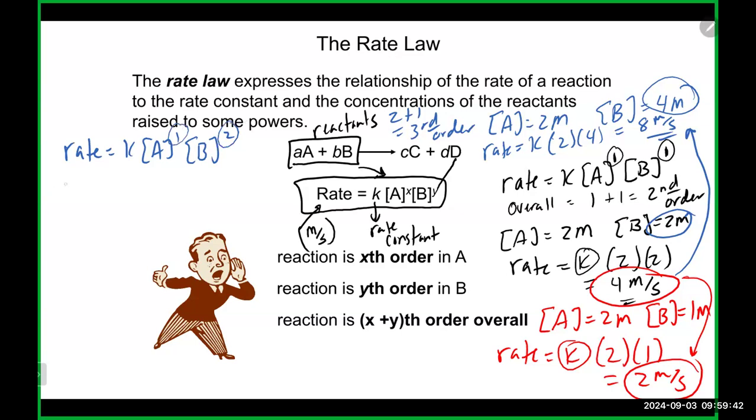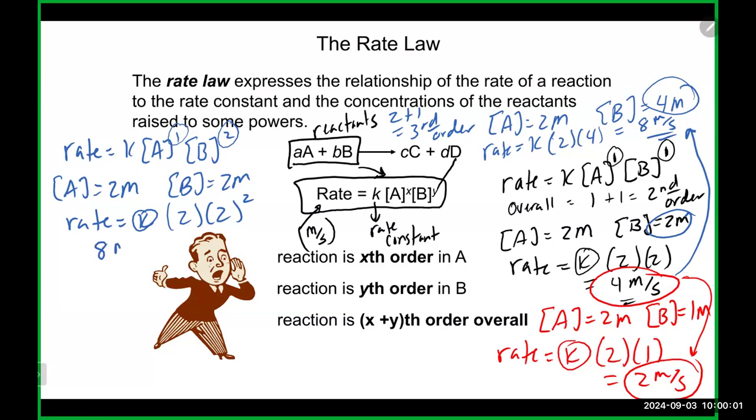So now let's see what happens with our rate if we started with the same concentrations we had in the first experiment, which is basically 2 for each of these. If we put that in there, the rate is going to equal K times 2 times 2 squared, right? So that's going to give me basically 8 molar seconds, something like that, for my rate.